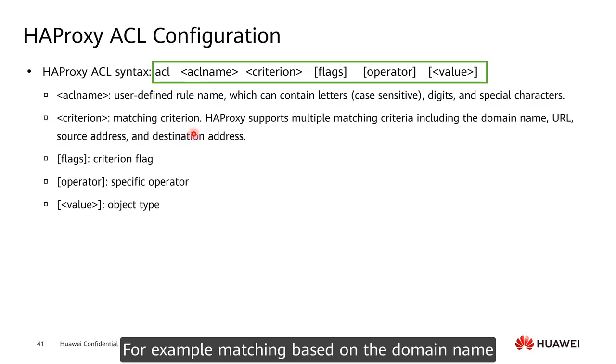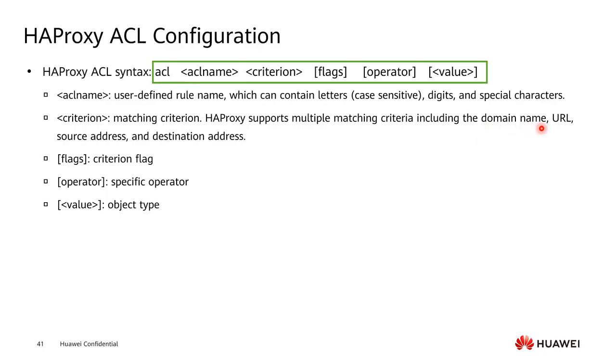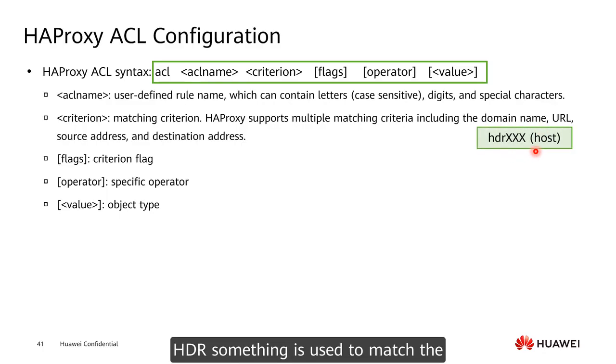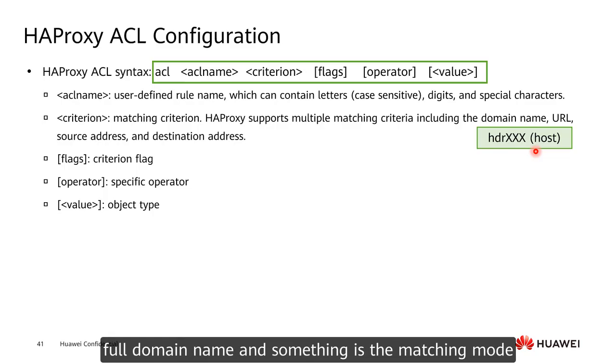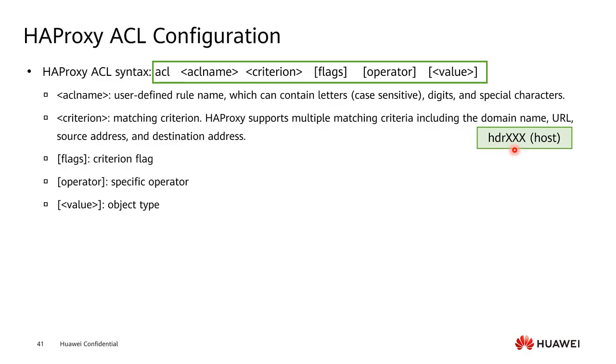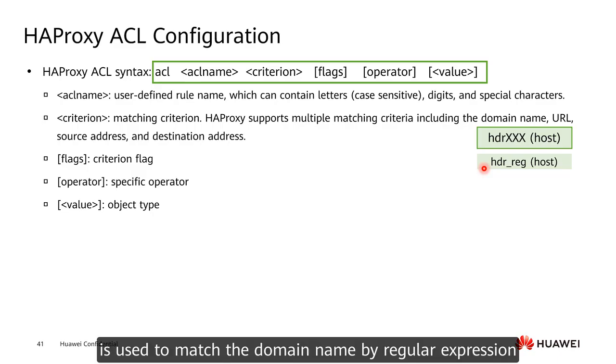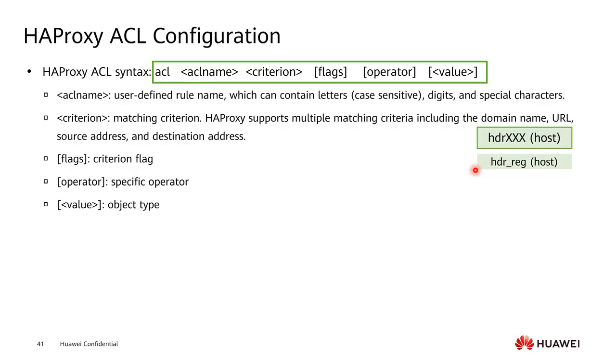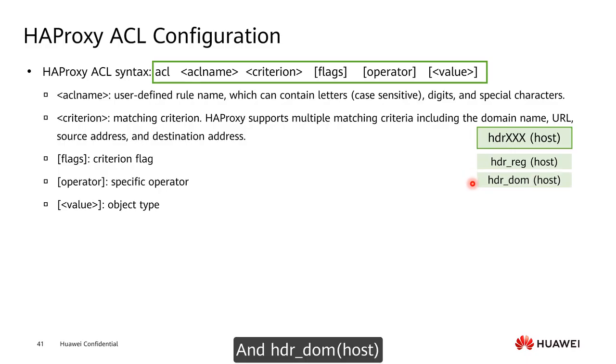For example, matching based on the domain name. hdr something host is used to match the full domain name, where something is the matching mode, and host can be another field in the HTTP request header, for example, user-agent. More examples. hdr_reg host is used to match the domain name by regular expression, and hdr_dom host is used to match the domain name.